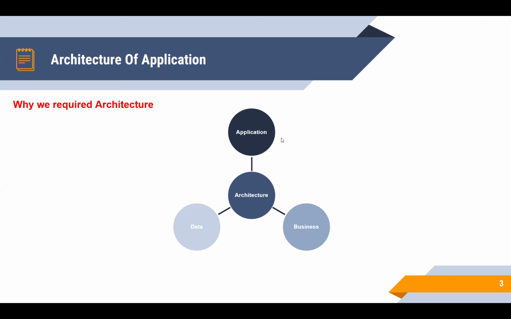So in any application architecture, the three most important things are: one is the application part, the other is the business logic part, and the third is the data part.